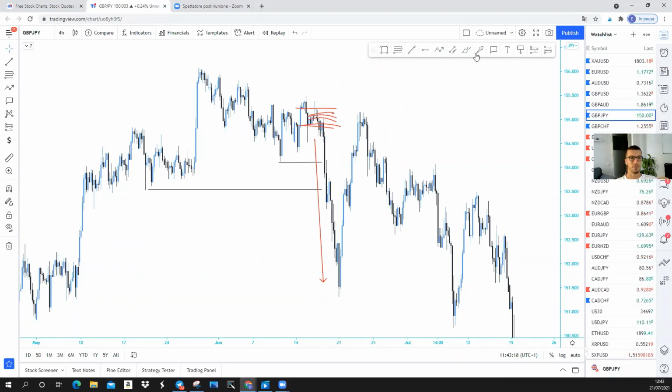And then what happens? They push the price back up to mitigate the risk, and this is what mitigation of risk means. I know a lot of people talk about mitigation, but this is actually what mitigation is. We come back to that area where the drop originated, and this is why supply and demand also works. They exit their buy positions, which were in a loss.